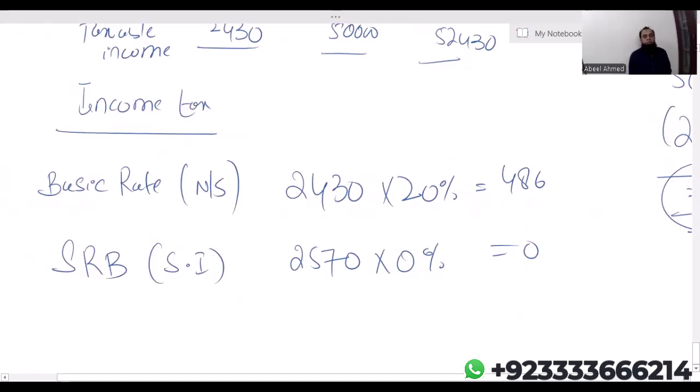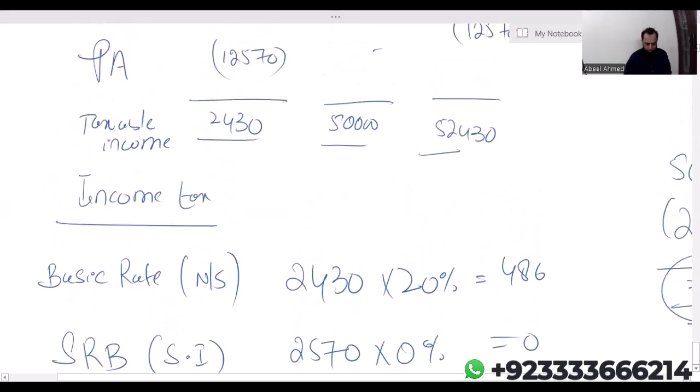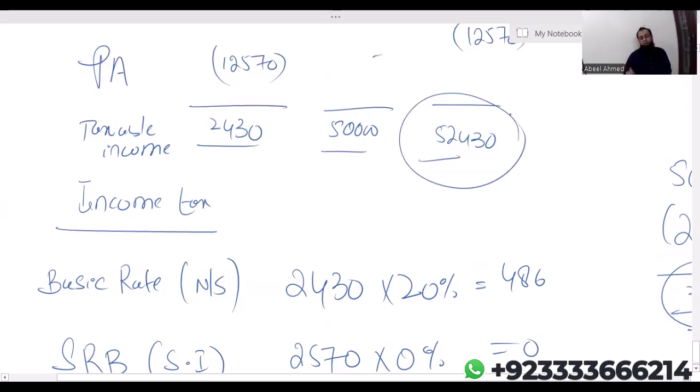Now, students, we have to check how much nil rate band is available to this individual. Nil rate band depends on the individual's tax paying status for the saving income. This individual is a higher rate taxpayer. How do we know? The total taxable income of this individual is 52,430, which is more than the limit of basic rate band.